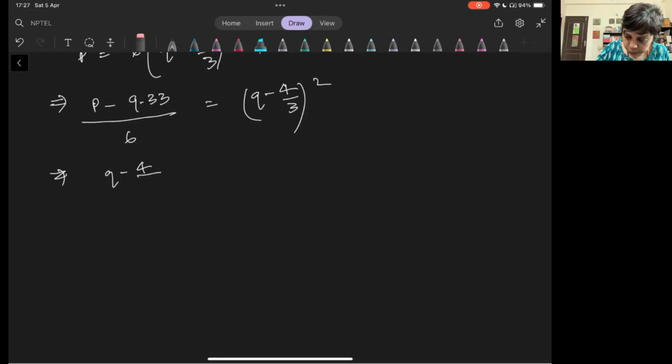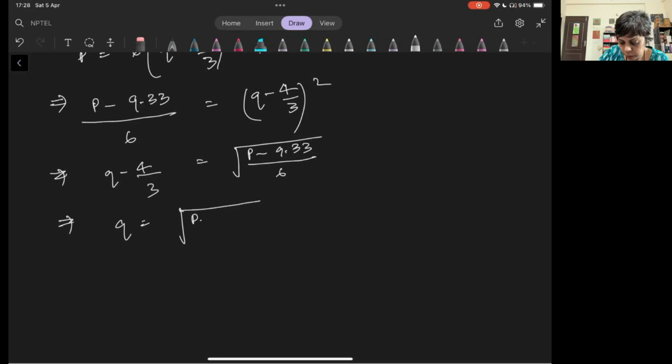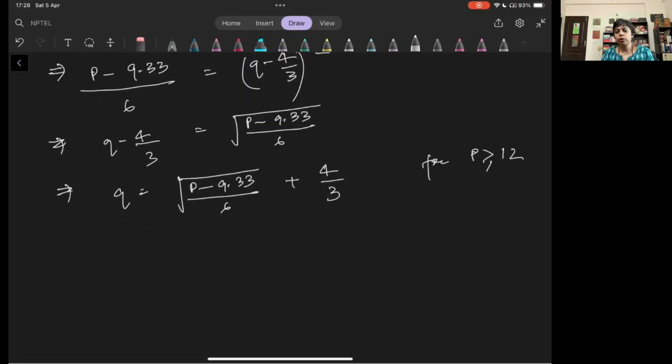So we just brought q minus 4 by 3 to the left hand side, and we can remove the square by putting the root sign here. So this is p minus 9.33 divided by 6, under the root. This gives you q equal to root of p minus 9.33 by 6, plus 4 by 3, for p greater than or equal to 12. So these are the two supply functions.